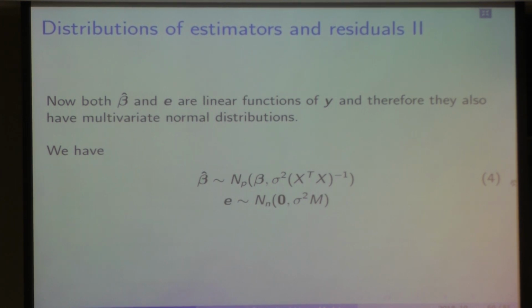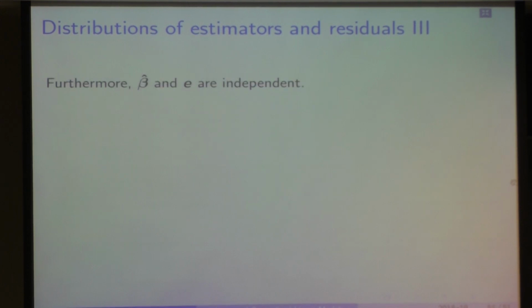Their mean is 0, and their variance is sigma squared times M. So the extra content here is that normality is preserved. Now, extra properties come from being multivariate normal. One is that beta hat and E, the estimates of the parameter values and the residuals, are actually independent random variables.